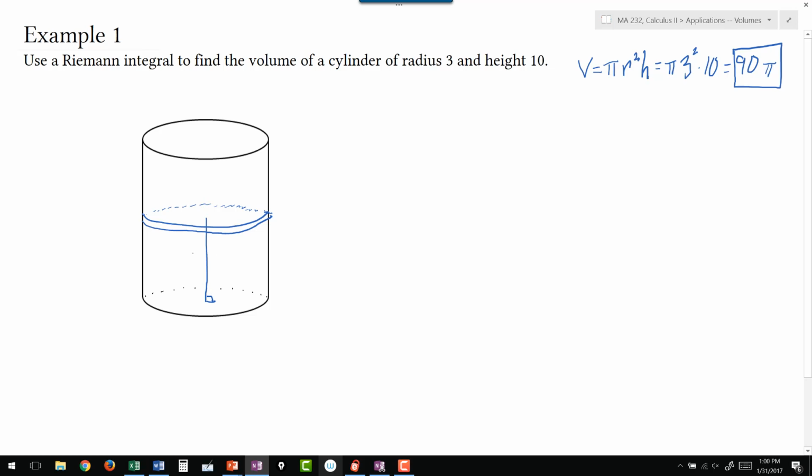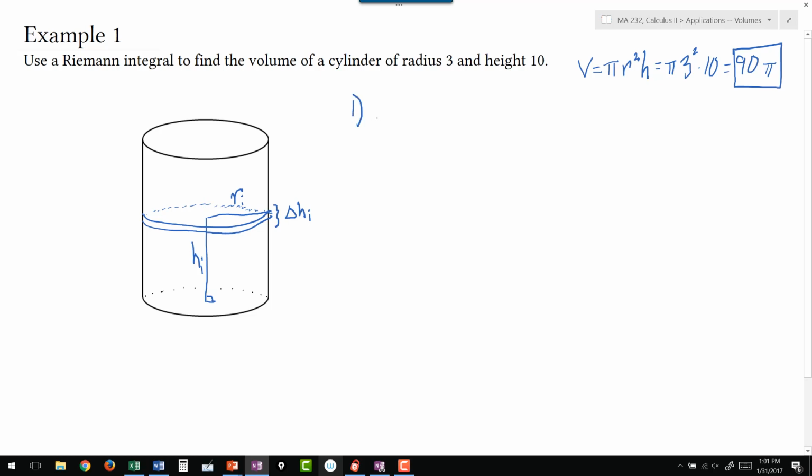Since this represents a typical slice, we'll call the height h sub i, the height of the ith slice, and we'll call the radius r sub i, for the radius of the ith slice. Now the thickness will be the change in h, or delta h i.